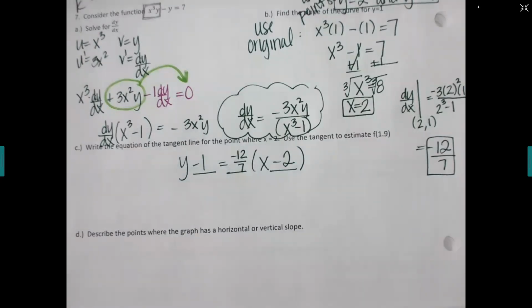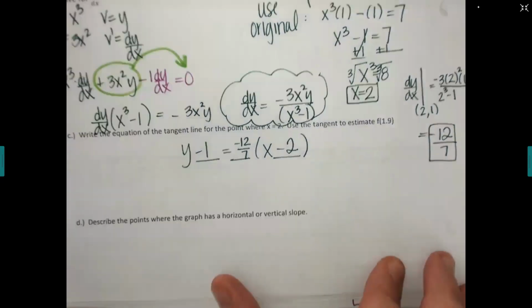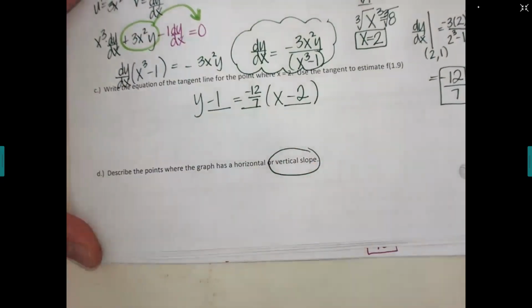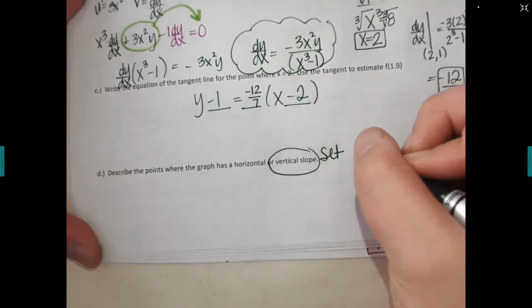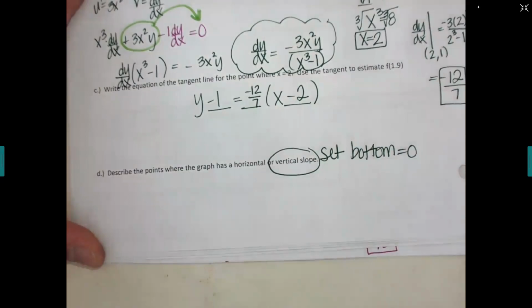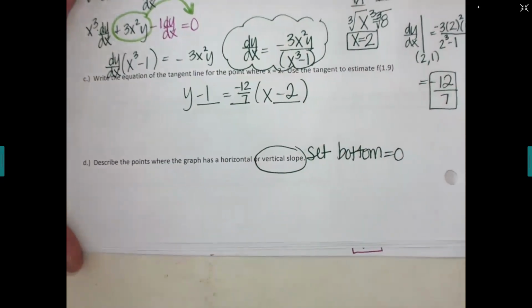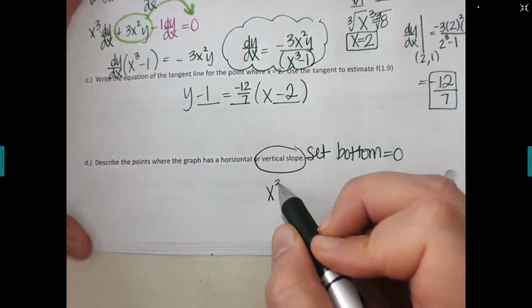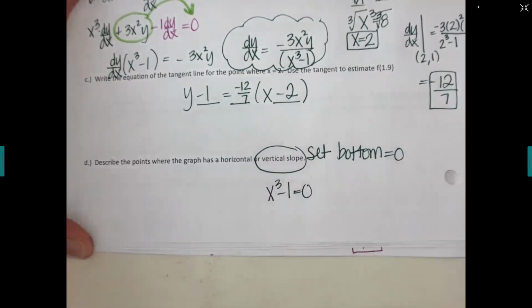Okay, last little bit of this. We're only going to do the vertical slope. How do I find vertical slopes? That's the bottom equal to 0. What if I wanted horizontal? You do the top. So for the bottom, what are we setting equal to 0? X cubed minus 1. How would we solve that?